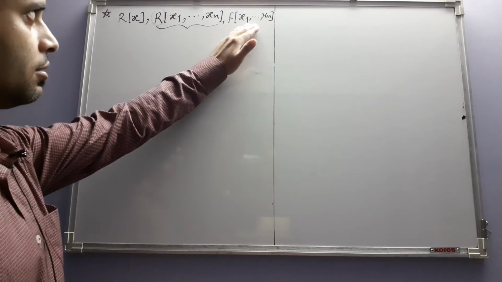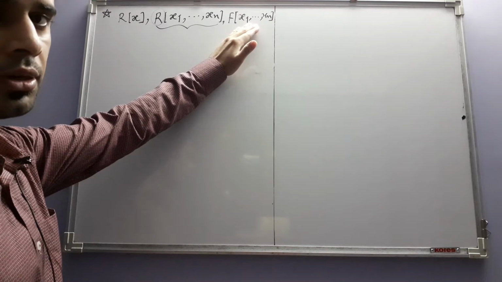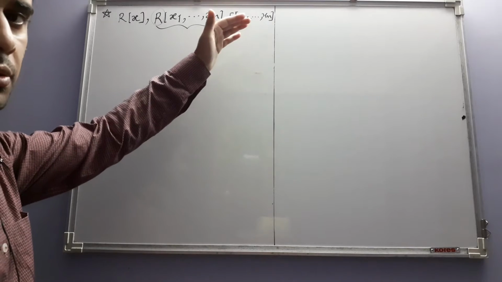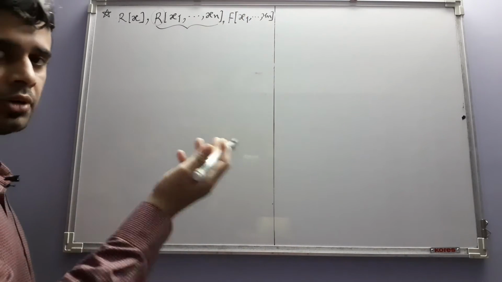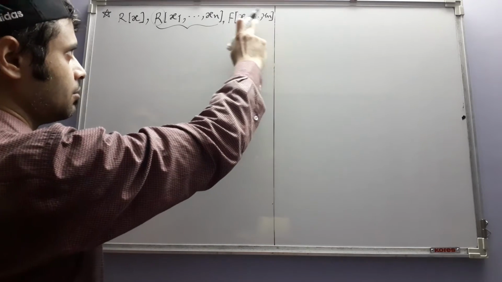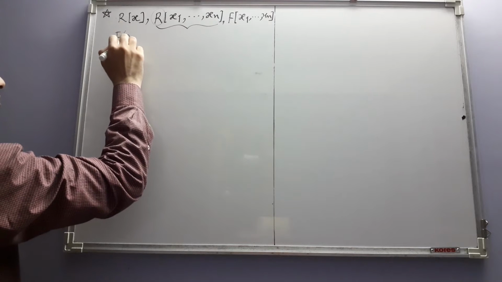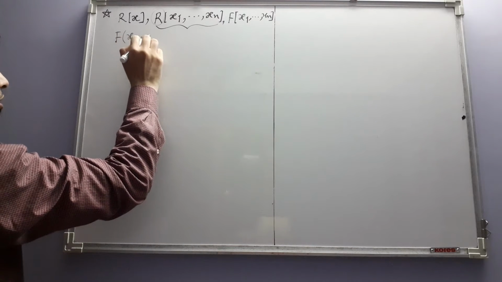So this is again an integral domain with unit element, and being an integral domain, it has its own field of quotients, which we call the field of rational functions in these variables over F, and which we denoted by this notation or this symbol.